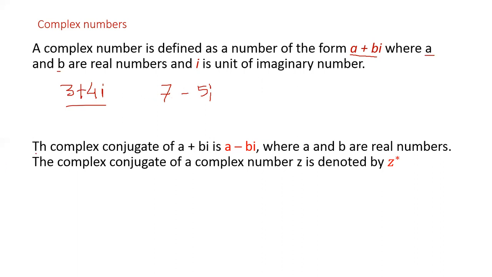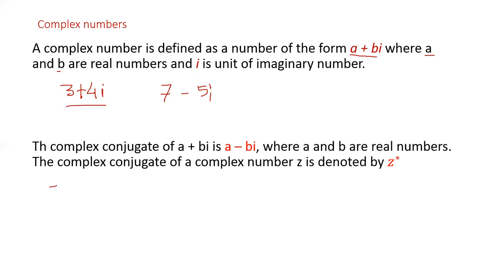Now, the complex conjugate of a plus bi is a minus bi. Okay, so the opposite of a plus bi, where a and b are real numbers. The complex conjugate of a complex number z is denoted by z star, like that.